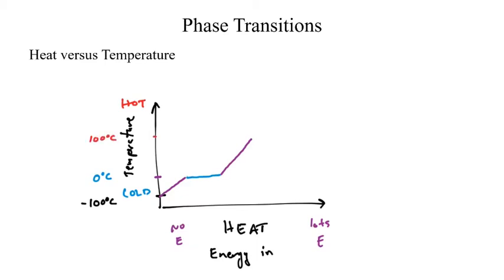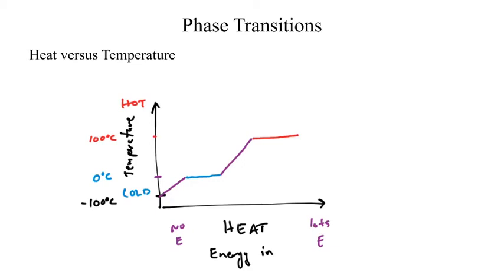At 100 degrees Celsius, I've now added enough heat that the temperature gets up to 100 degrees Celsius, and again, it flatlines. So this is where I said it makes a little bit more sense. Think about when you boil water. You boil water, it gets to 100 degrees Celsius. Does that mean all of the water instantly became a gas? No, you're still adding heat, and it's still boiling, but the temperature doesn't change.